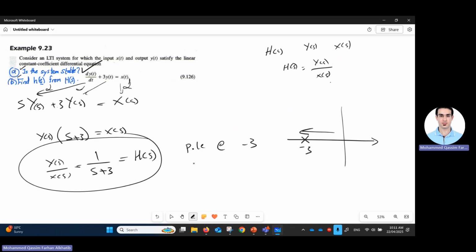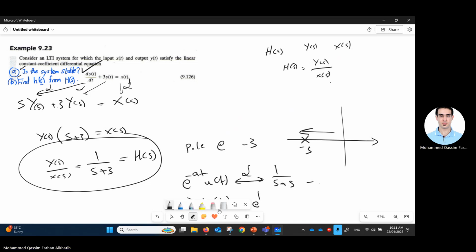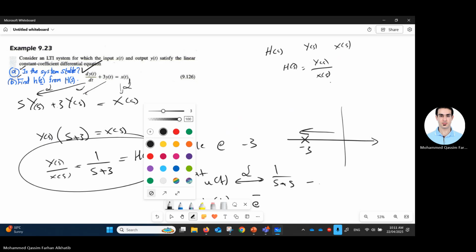From the table, we have e to the power minus at u(t), whose Laplace pair is 1 over s plus a. So in this case, h(t) equals e to the power minus 3t u(t).